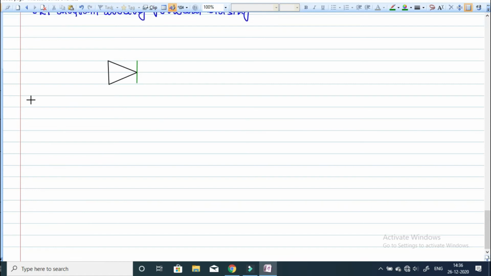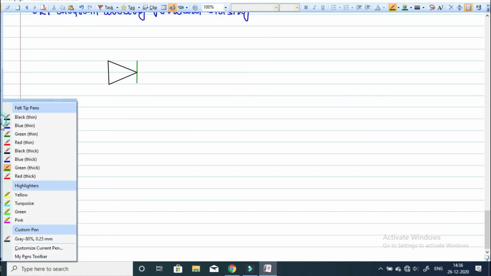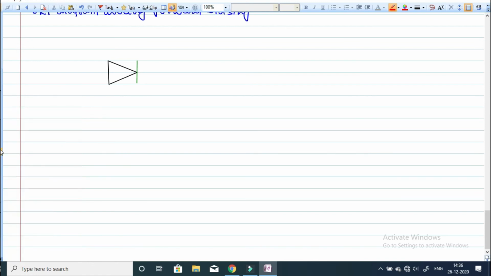This is our PN junction. Now we are connecting it. Now the P type is connected with the positive terminal of the battery, and the N type is connected with the negative terminal of the battery.